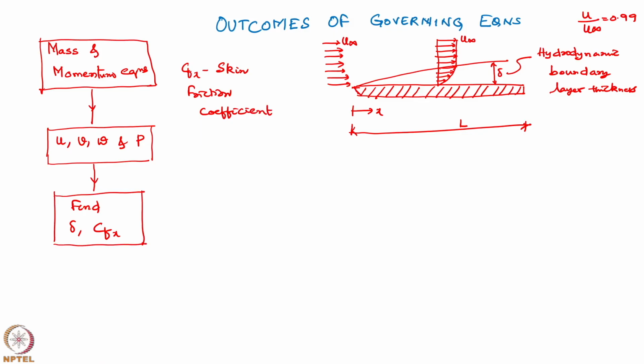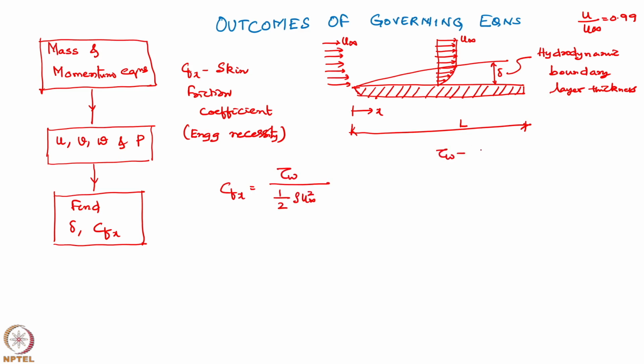But the skin friction coefficient is actually an engineering necessity. What is that engineering necessity? I will elaborate in a minute. What is the use of the skin friction coefficient? Skin friction coefficient is nothing but shear stress divided by half rho u infinity squared.